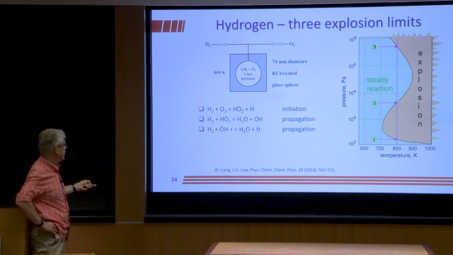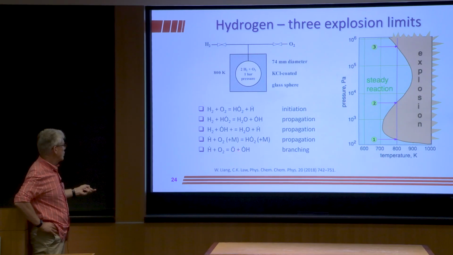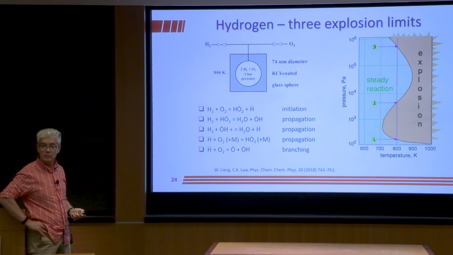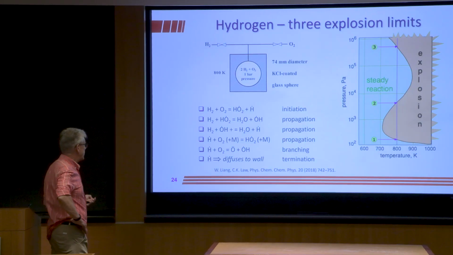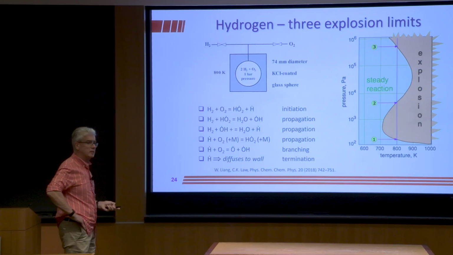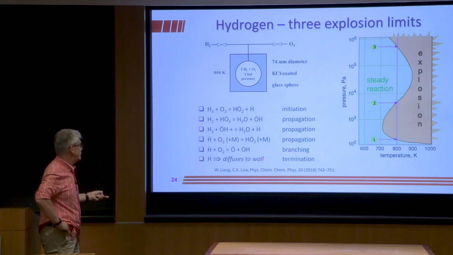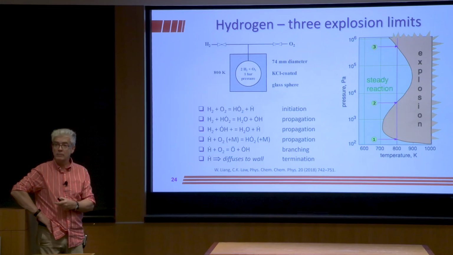We have H2 plus OH giving water plus H. We have H plus O2 plus M giving HO2 plus M in a propagation, and we have H plus O2 giving O plus OH, giving branching. So all of these reactions can occur, and in addition, we can have H atom diffusing to the wall in a termination.